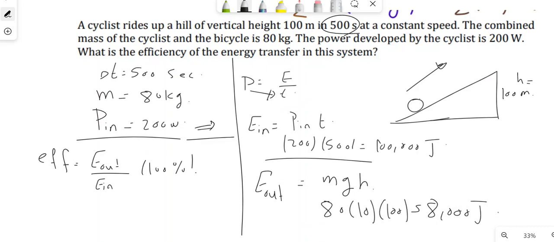Now we can find the efficiency. Efficiency: E out, which is 80,000, divided by 100,000, times 100%.